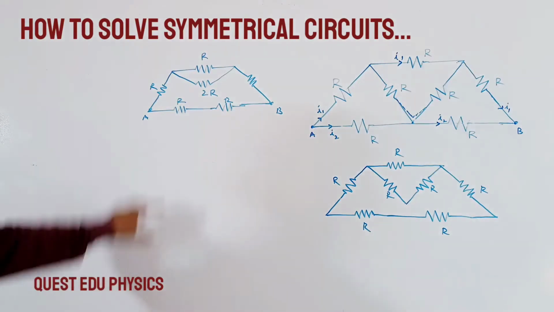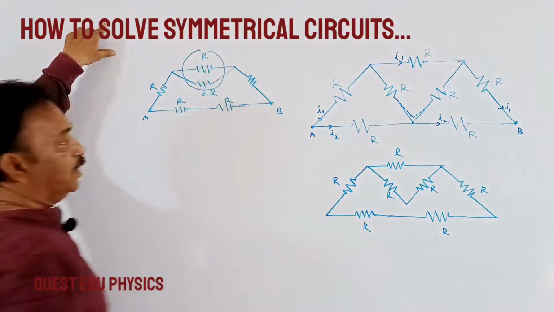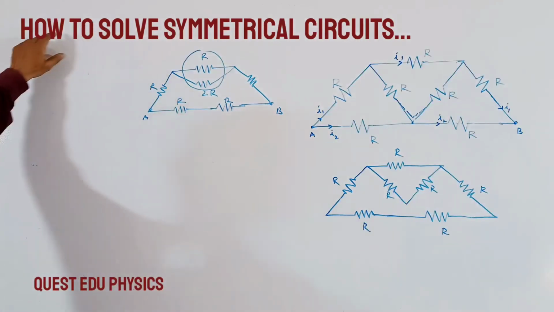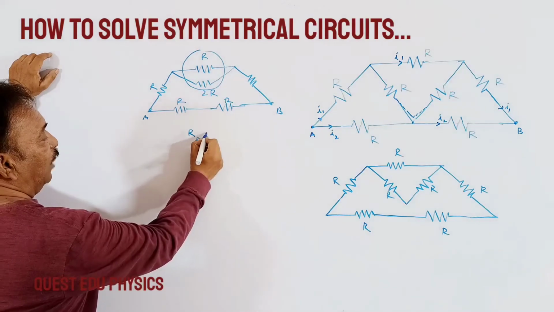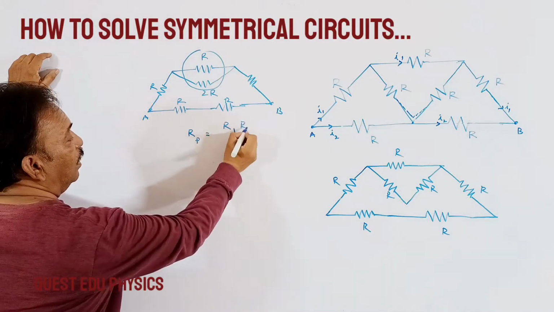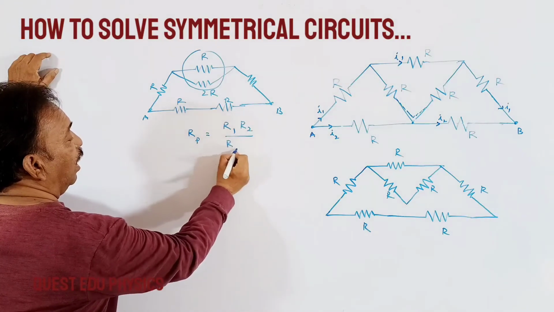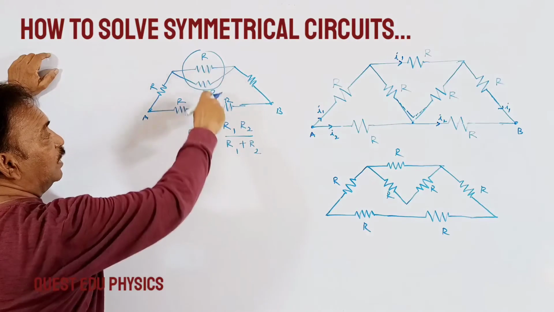Okay, students, see these two are in parallel to each other. These two are in parallel. And you know that when the resistors are parallel, effective resistance can be written as R1 R2 by R1 plus R2. The same thing is happening, it's R1, it is R2.